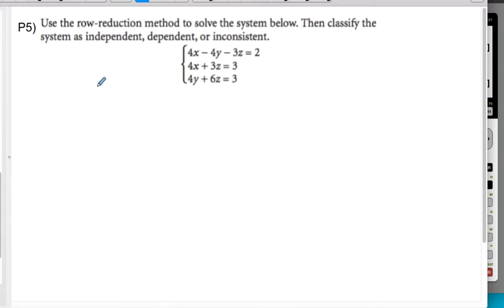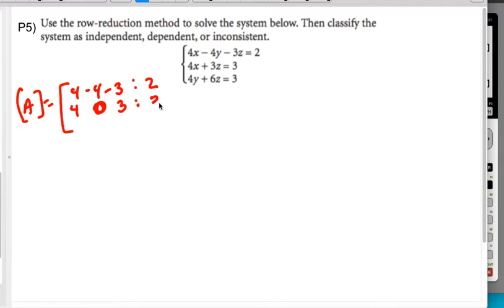When you go to put your A in, your augmented matrix is going to be 4, -4, -3, 2, 4. Be careful, the 0 there is for the y. 3, 3, 0, 4, 6, and 3. When you put that in, you're going to do your reduced row echelon form of A and see what happens.